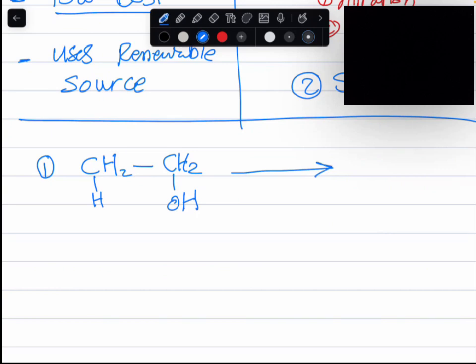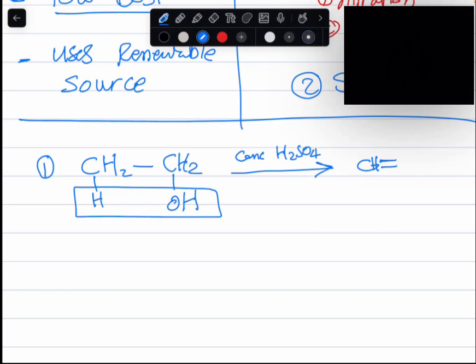This alcohol, if you add concentrated sulfuric acid, we can remove water from alcohol and we can return it back to alkene.